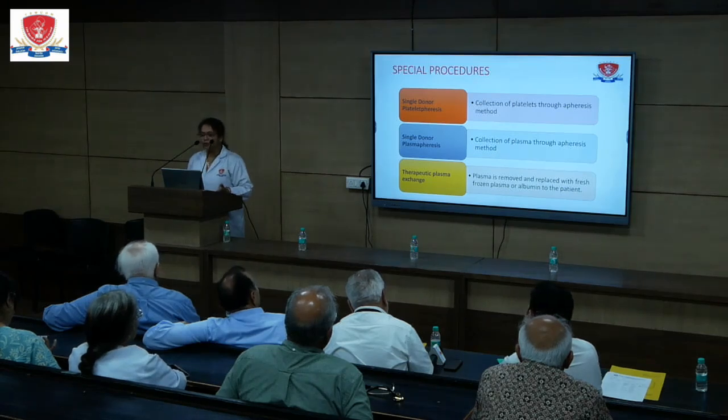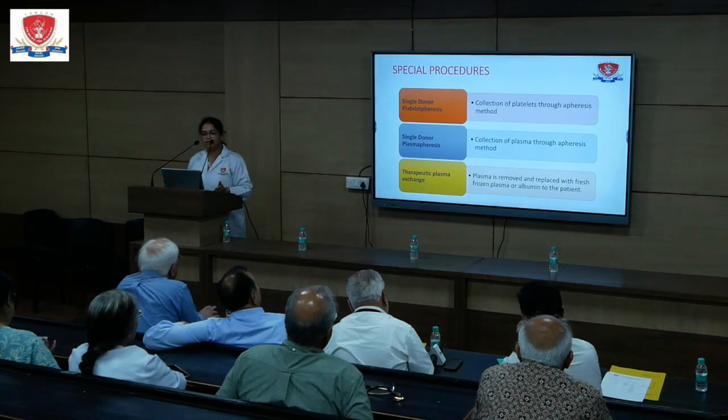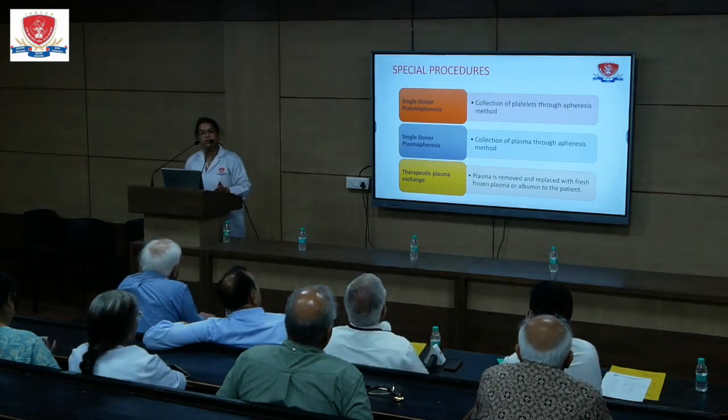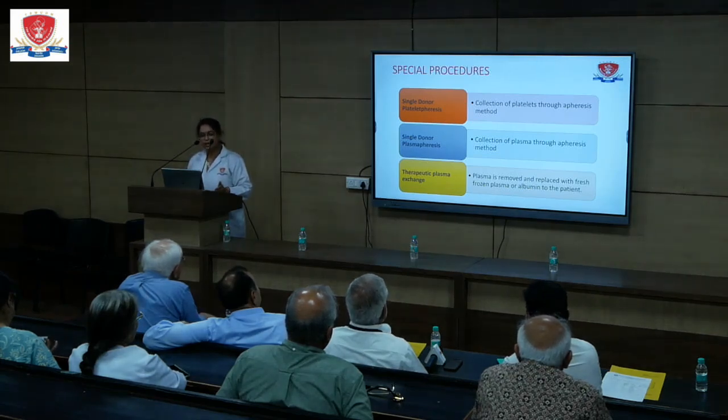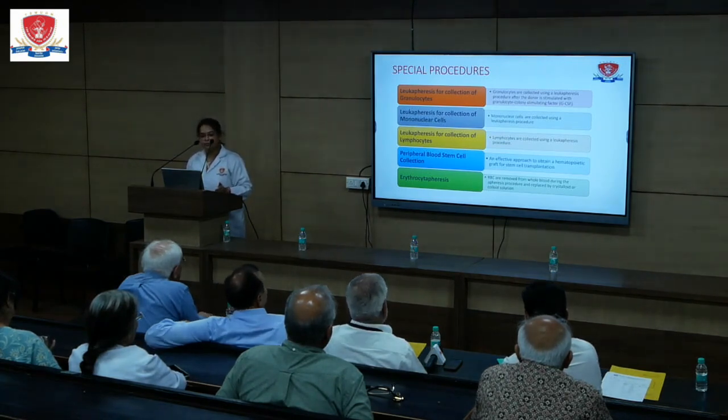I'll be enumerating the different special procedures that we have. The first one is single donor platelet pheresis, which is the collection of platelets through the apheresis method. Single donor plasma pheresis, or collection of plasma through the apheresis method. Therapeutic plasma exchange, that is plasma removed and replaced with fresh frozen plasma or albumin to the patient. Leukapheresis for collection of granulocytes. The granulocyte collection is done after the donor is stimulated with the granulocyte stimulating factor.